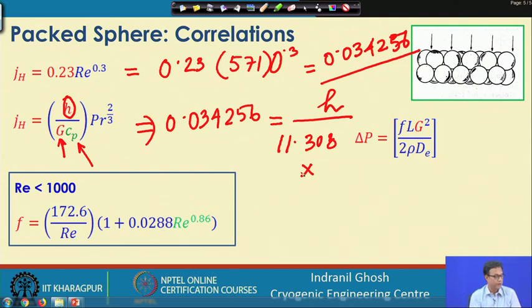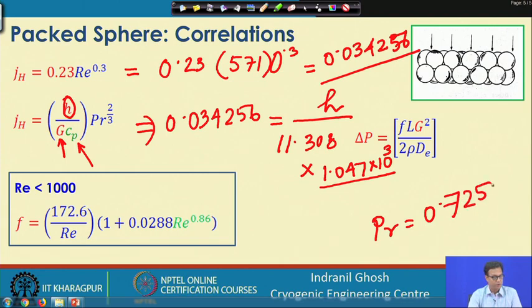The Cp value is 1.0447 times 10 to the power 3 joule per kg Kelvin. So, this is the value of Cp, and we also have the value of the Prandtl number, Pr, which is 0.72567.